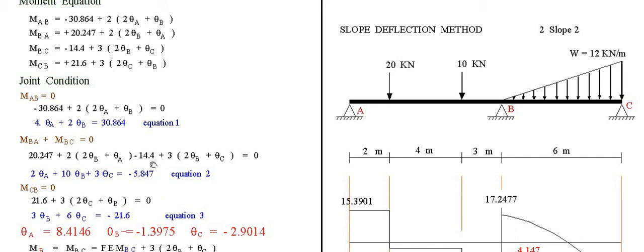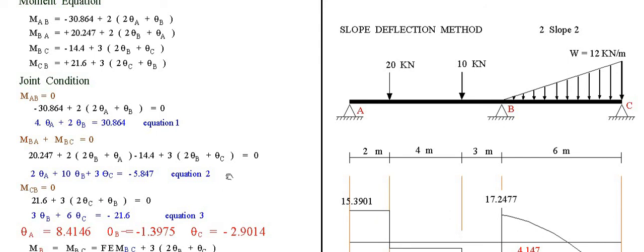Then the constants, we have 20.247 and minus 14.4. The 20 is greater than 14, so it is positive. You transfer the constant to the right, it becomes minus 5.847, and this is equation 2.